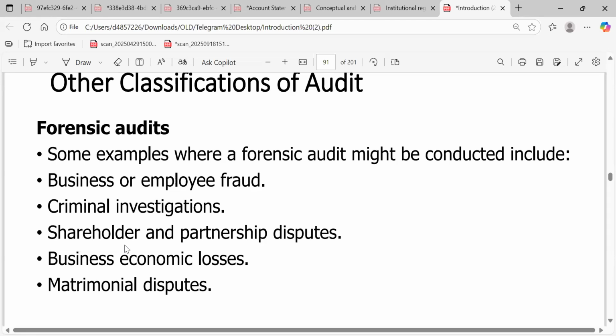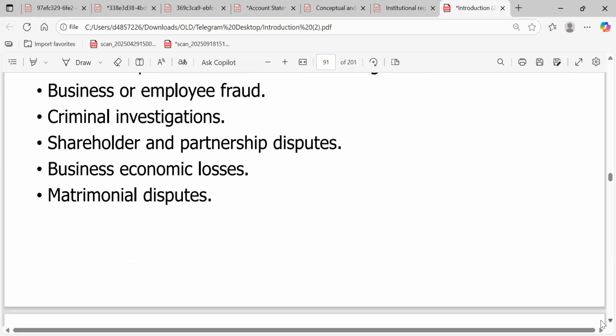And then also in case of business economic losses, matrimonial disputes and all of that, a forensic audit will be needed in order to what? Settle the dispute and all of that.